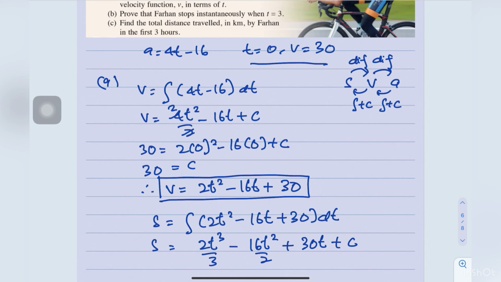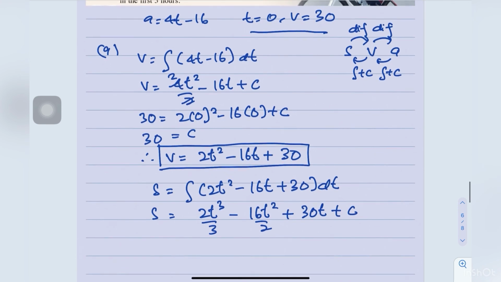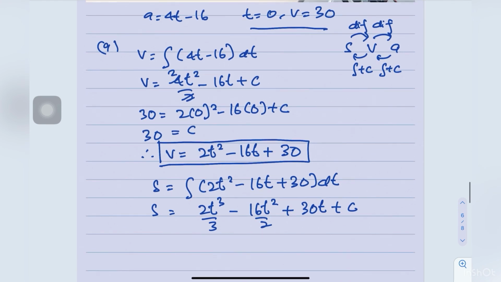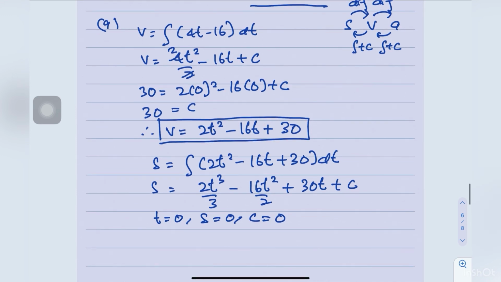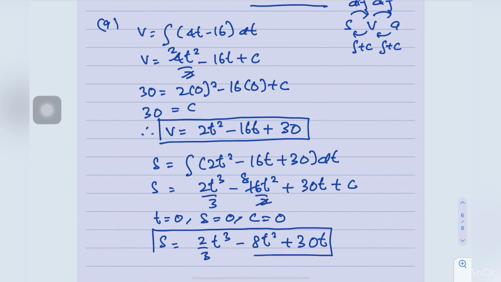Since no information is given, we assume c is 0, because when t is 0, s is 0. So s is 2 over 3 t cubed minus 8t squared plus 30t. This is the function of displacement.